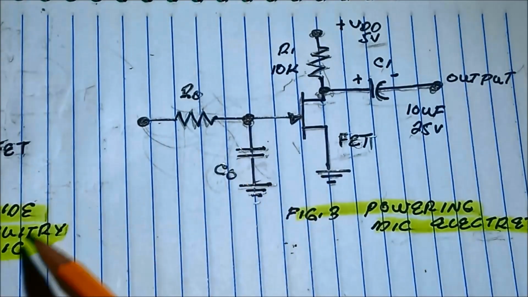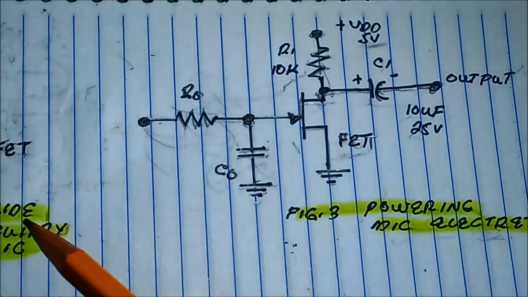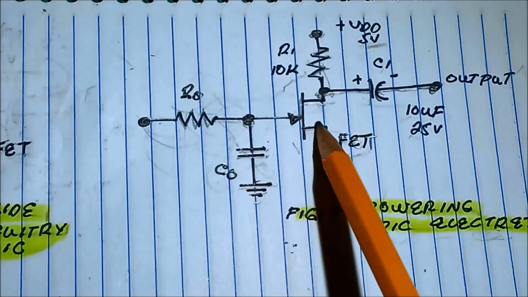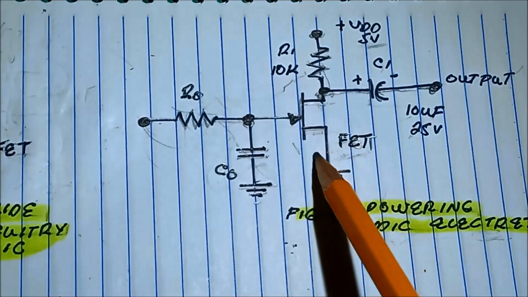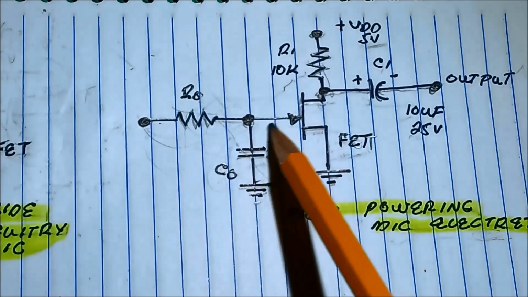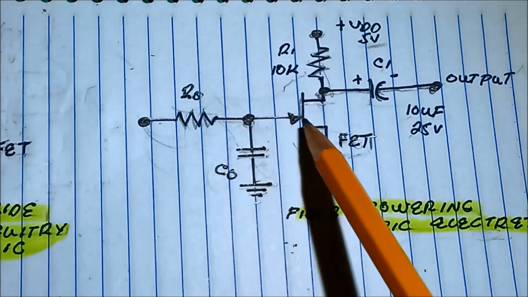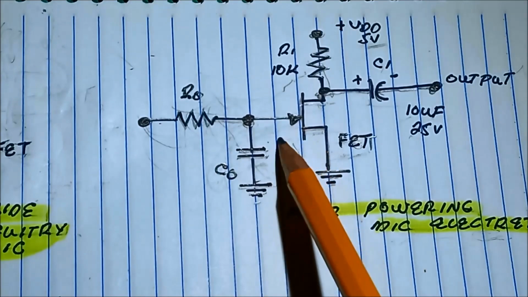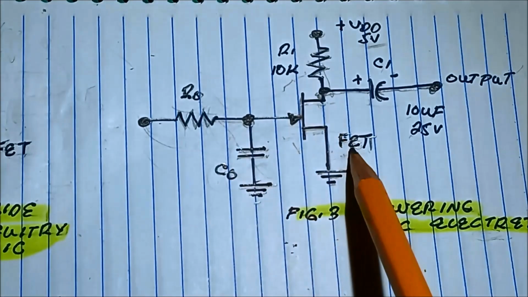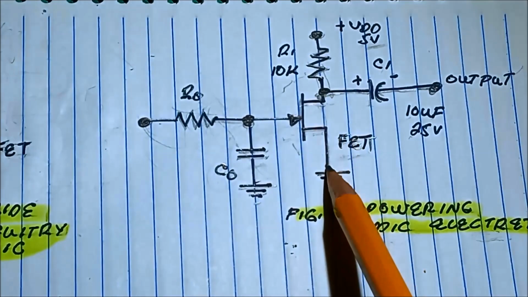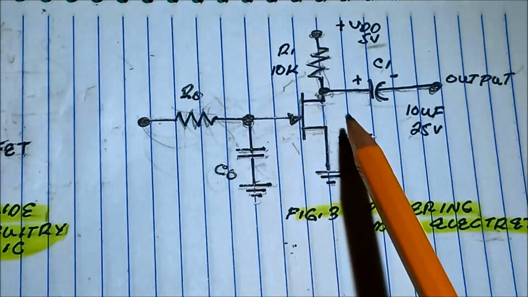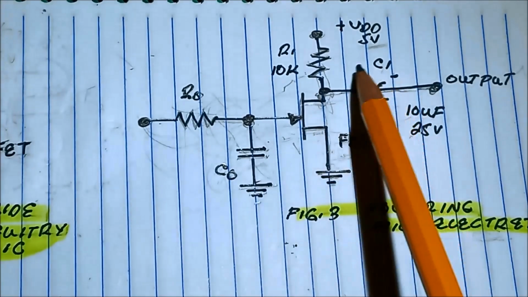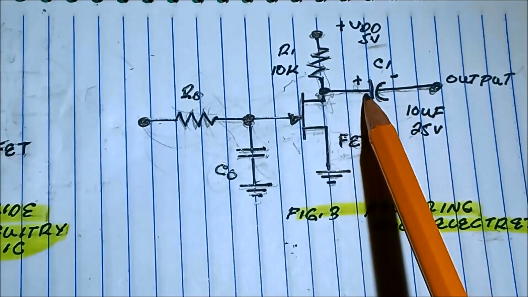So this field effect transistor will amplify the vibration picked up by the gate, and we need to power it to activate it. The output is taken from the drain side with an electrolytic capacitor, positive to negative.